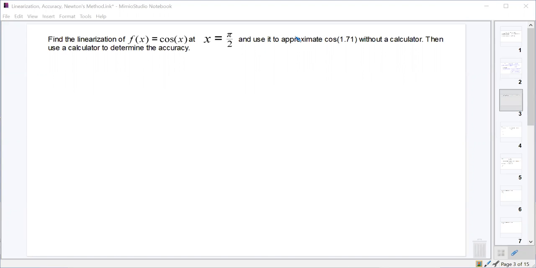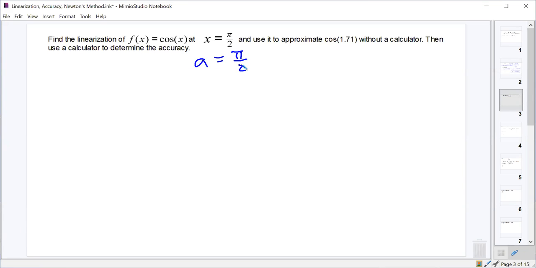What's the a value we're going to use? It should be the value that we know, right? The value that we know is pi over 2. So we've got f of x is cosine x, and we've got a is pi over 2.